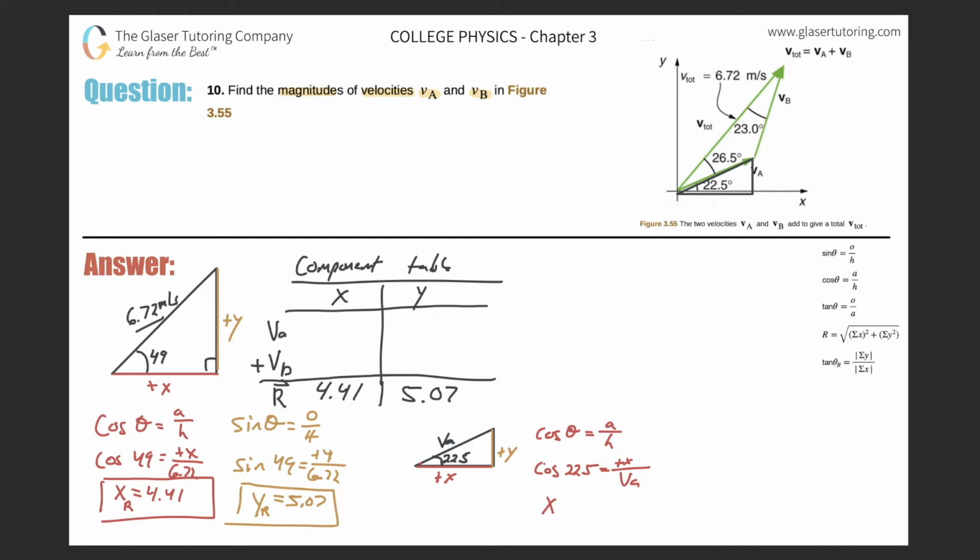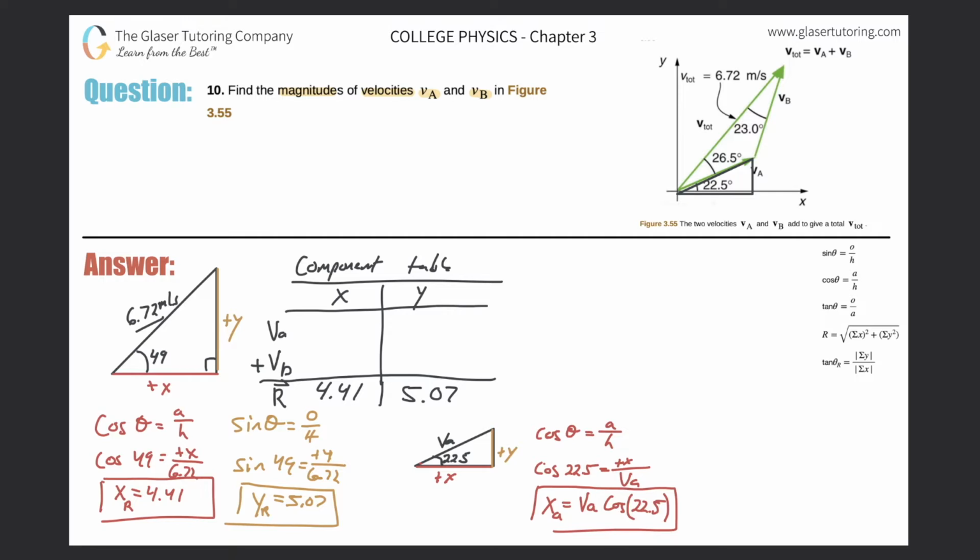So that means my X component of vector A is equal to the velocity of A, the overall velocity of A, multiplied by cosine of 22.5. Okay, great. Now, that may not sound satisfactory to you. It's not an answer, right? Because we don't know what this is, but what can we do with this value? Could we put it in our component table?